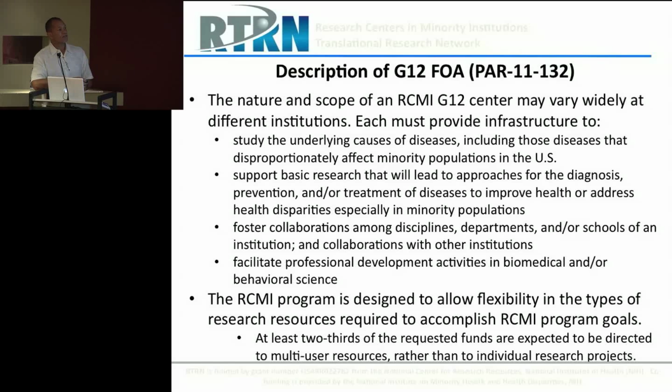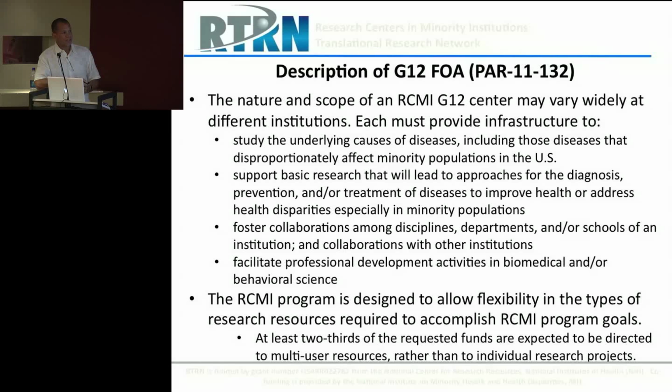But at the end of the day, the new application says that the infrastructure through this award should help to advance the study of key diseases that affect minority populations and support basic research that will lead to approaches for the diagnosis, prevention, and treatment of diseases to improve health and reduce health disparities.